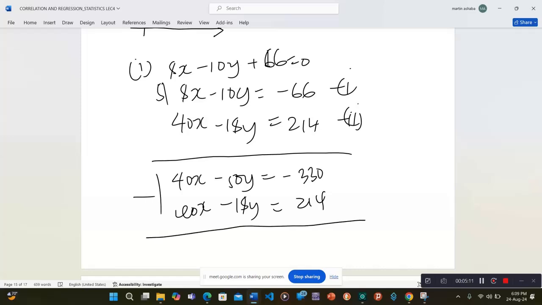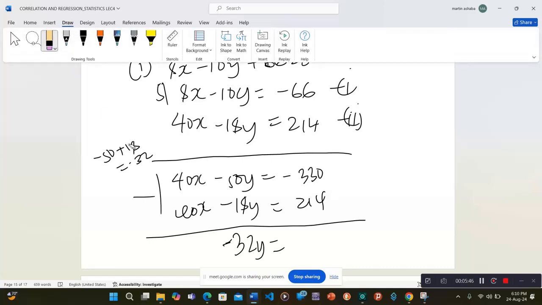This is going to be minus 50y, then minus minus, so it will be plus, and this is going to be 32y, which will equal negative 330 minus this. Remember, this is negative, like negative 50 plus 18, which is negative 32.